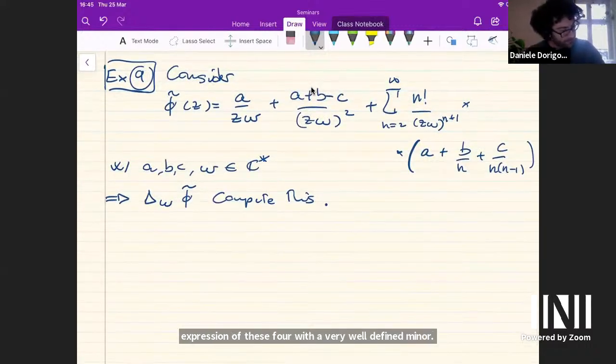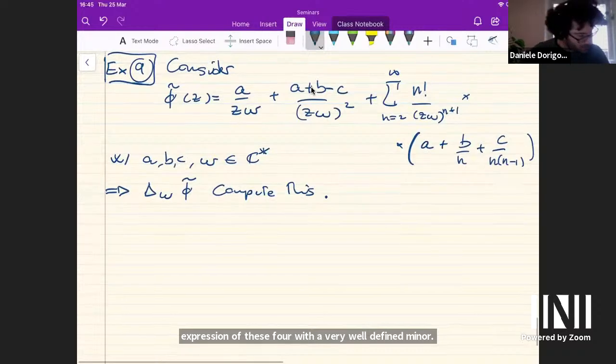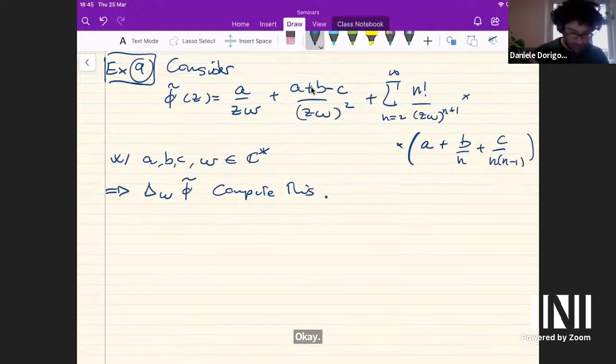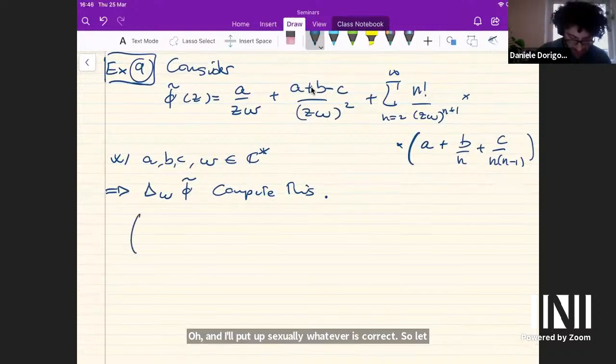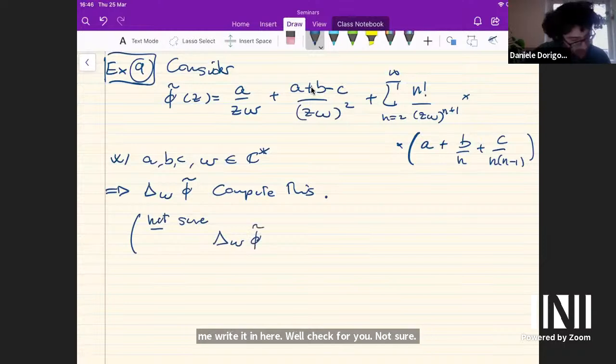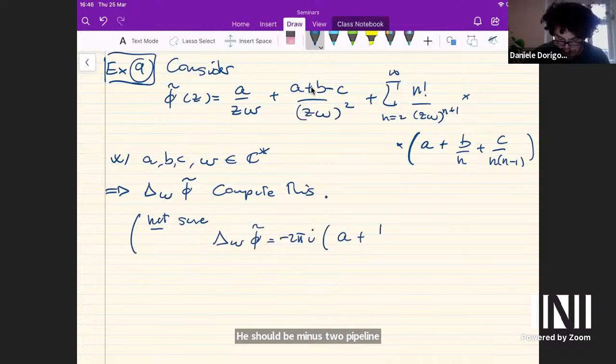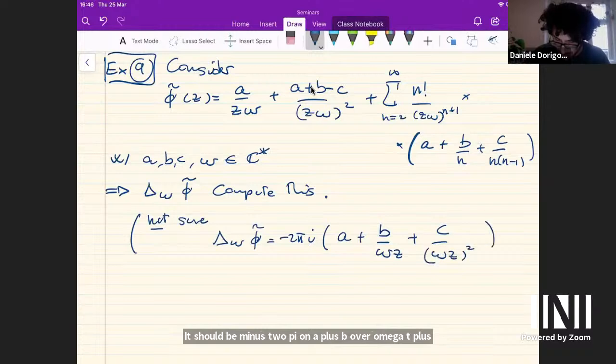Okay. Oh no, perhaps actually what I wrote is correct. So let me write it in here. Well, check for you, not sure. It should be minus 2 pi i (a plus b over omega z plus c over (omega z) squared). Not 100% sure.